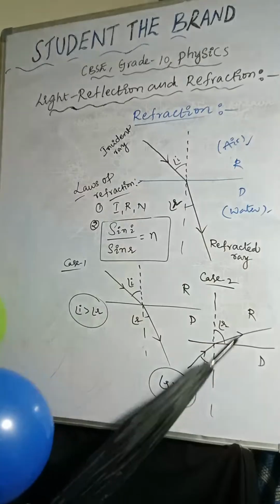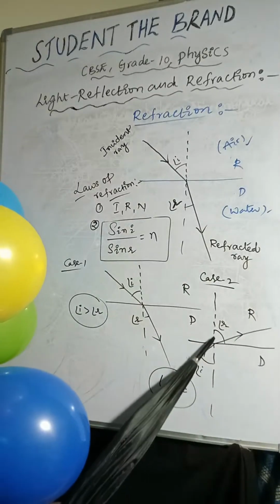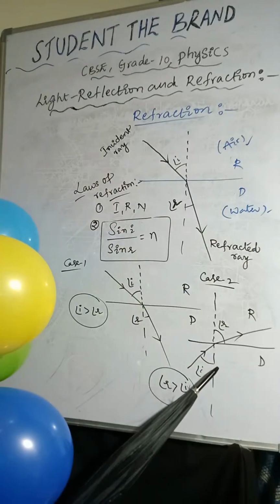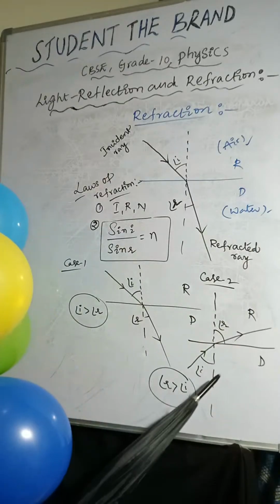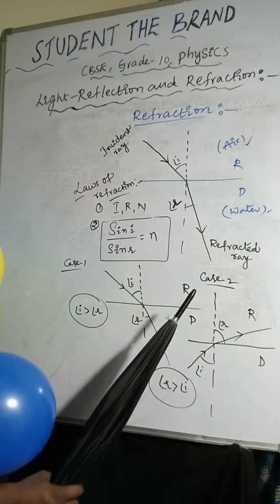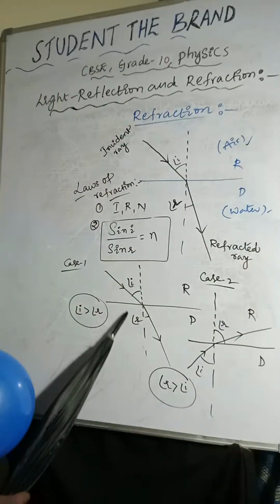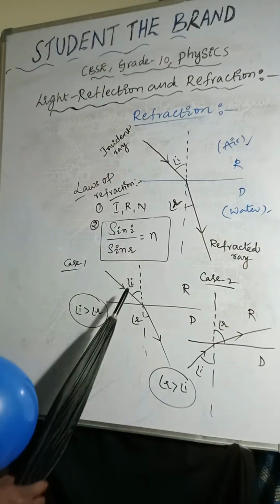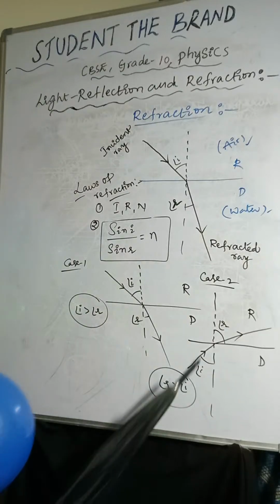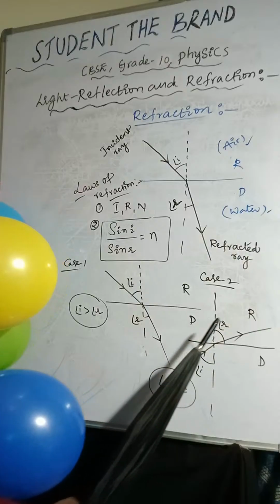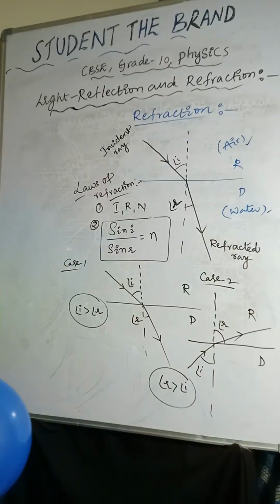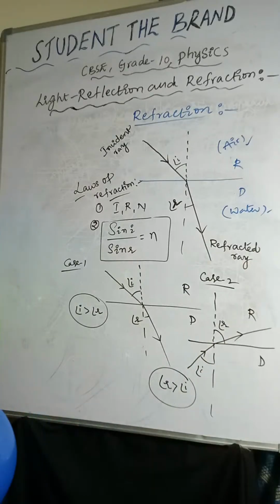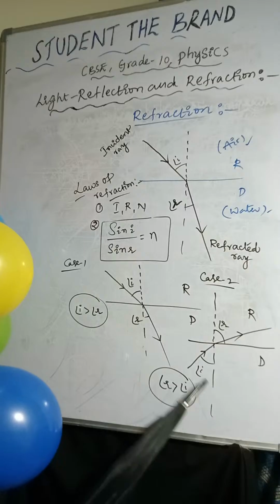In the other case, the light ray moves away from the normal line because it is moving from denser to rarer, so the speed is increasing. Here the speed is decreasing, there it is increasing. That's why in case 1 the angle of incidence is greater than the angle of refraction, and in case 2 the angle of refraction is greater than the angle of incidence. That's the difference.